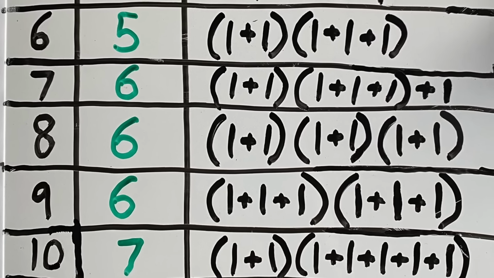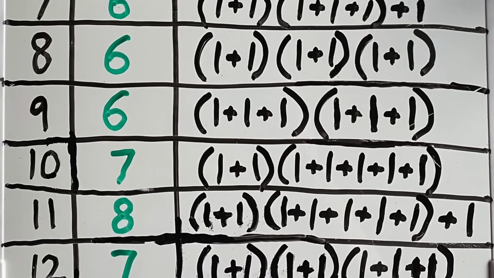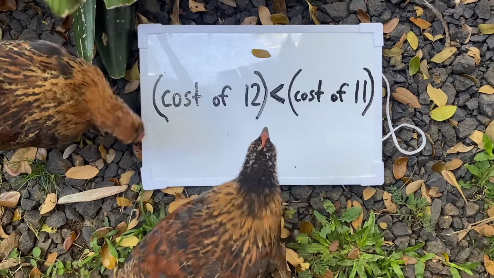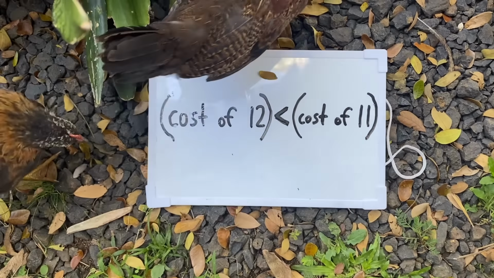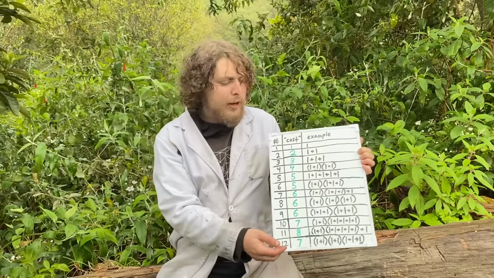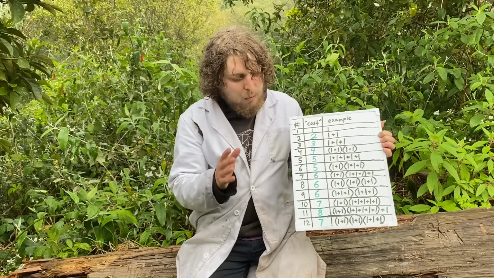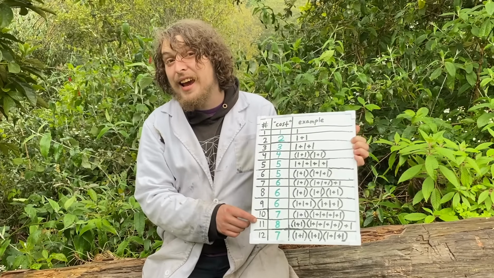And 10 has a cost of 7, 11 has a cost of 8, but something interesting happens at 12. 12 is our first number that has a smaller cost than some previous number on the list. 12 we can build with just 7 ones, but there's no way to do that for 11. It's always going to take at least 8.